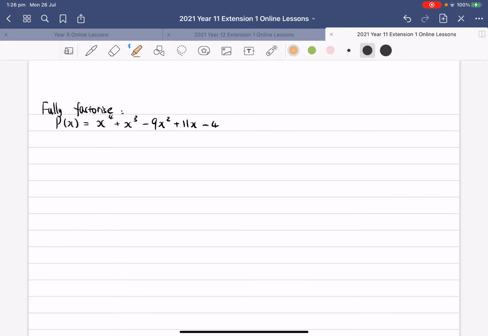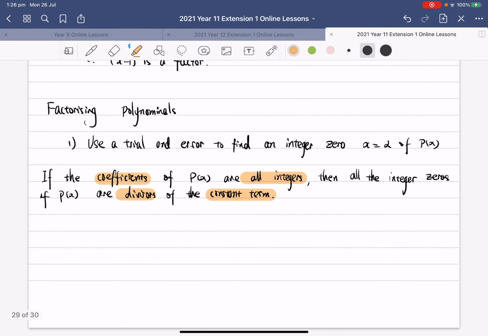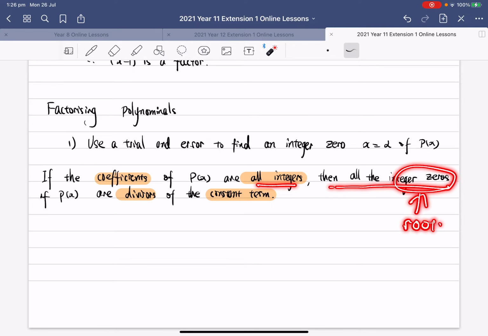According to that sentence, if the coefficients of p of x are all integers, then all the integer zeros, which means all the zeros, all the roots, all the solutions, just different words, of p of x are just the divisors of the constant term.